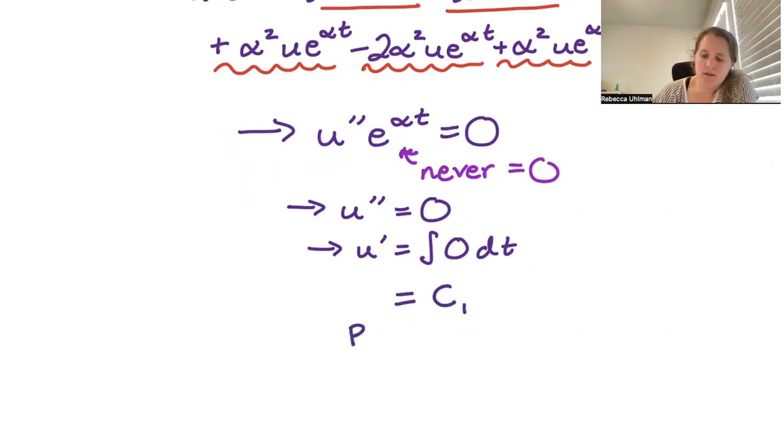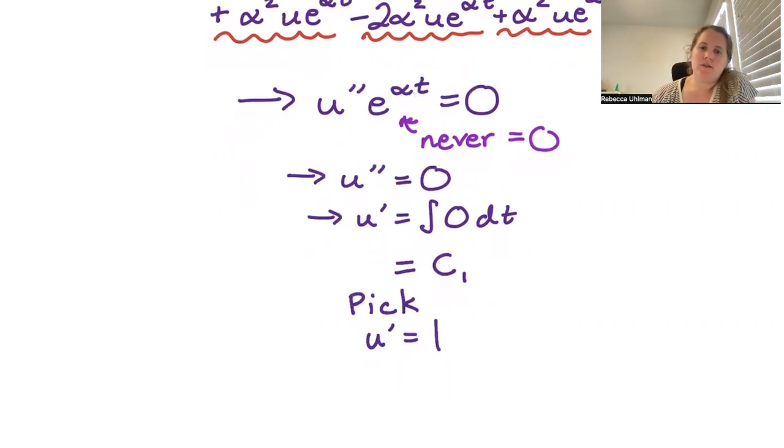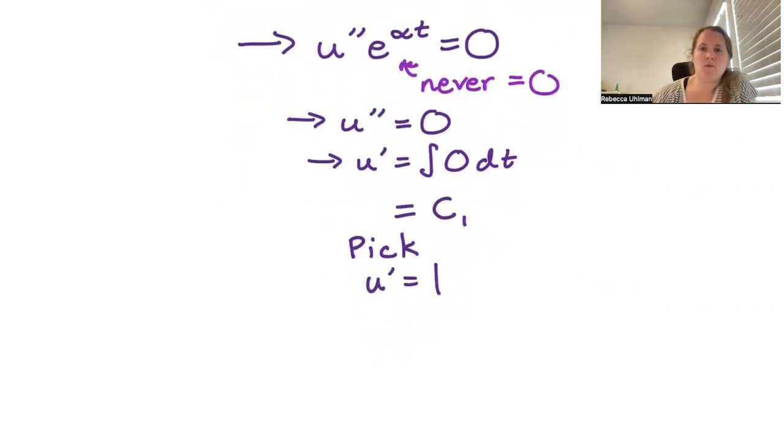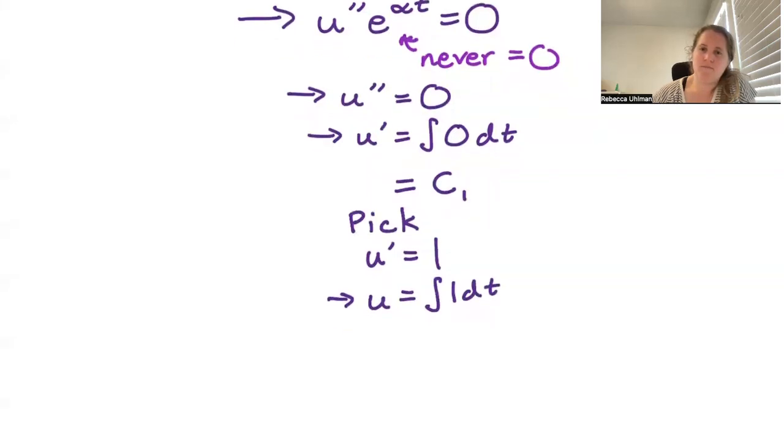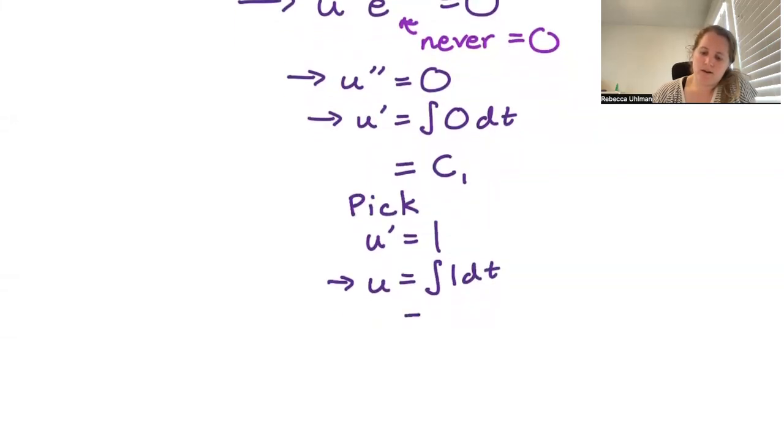We can pick u prime equal to 1. We are only looking for one additional solution, so we just need one y that's not just 0. From here, we therefore get that u is equal to the integral of 1 dt, and this is therefore t plus c.